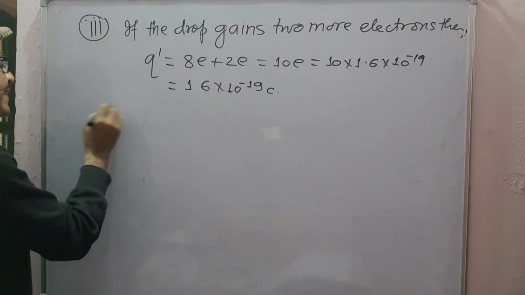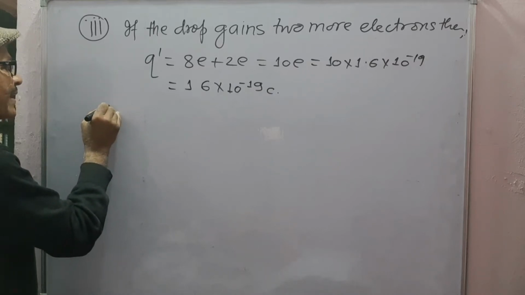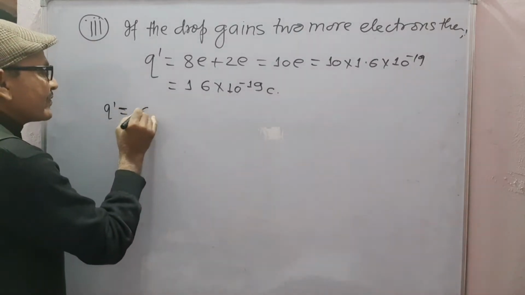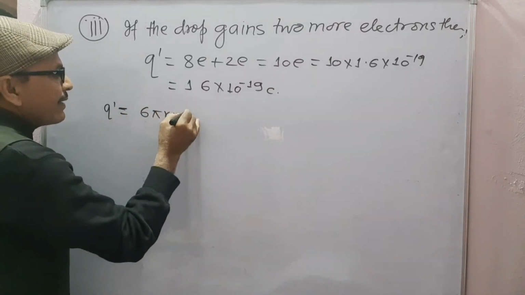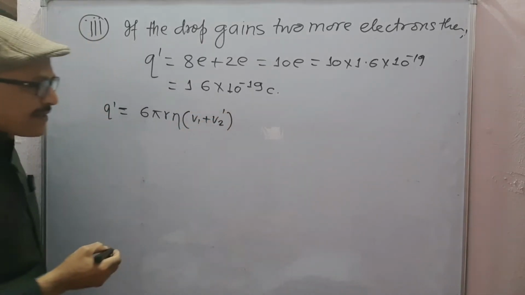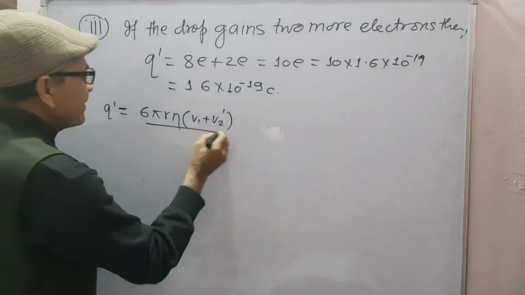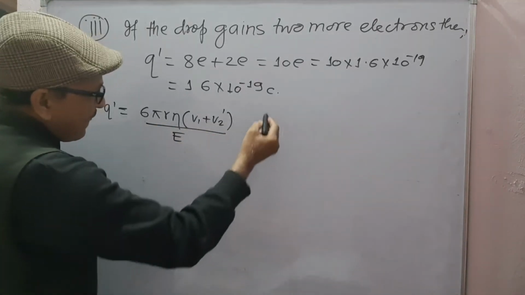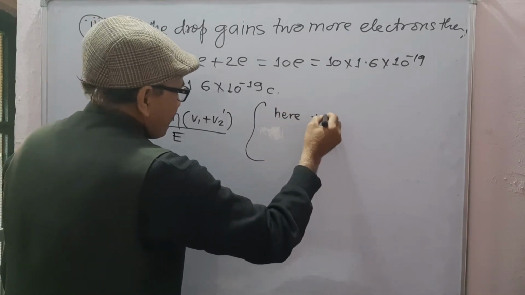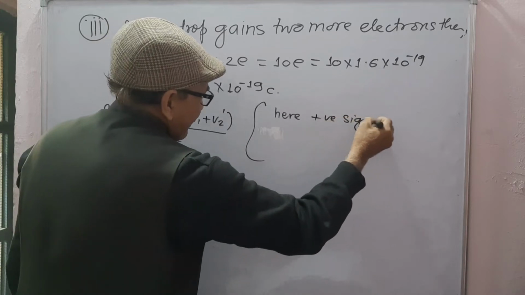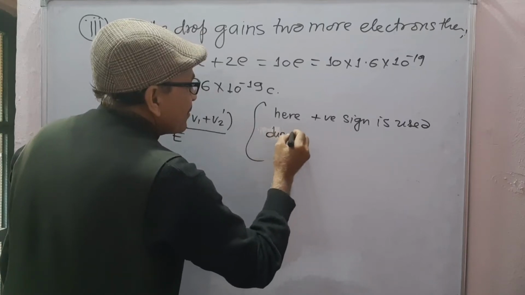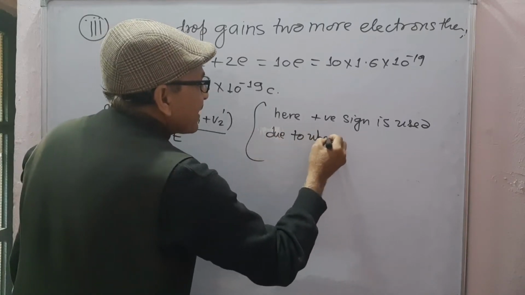So in this case we will have to use Q dash E is equal to 6 pi r eta (B1 plus B2 dash), where B2 dash is the new terminal velocity. Here the positive sign is used due to upward motion of the drop.